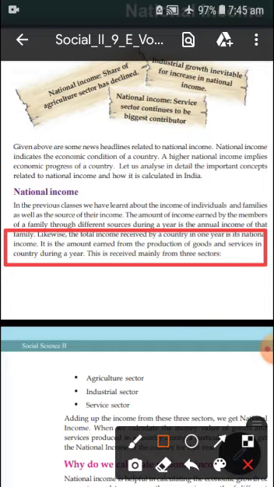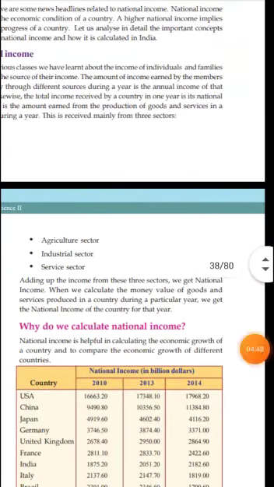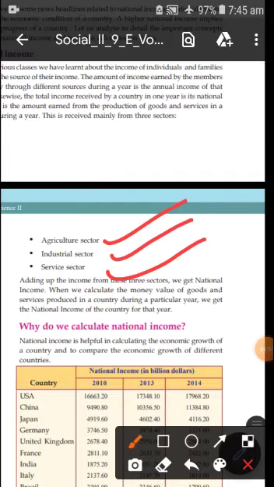This is received mainly from the agriculture sector, industrial sector, and service sector. Its contribution altogether is known as national income. Adding up these three sectors' income, we get national income.